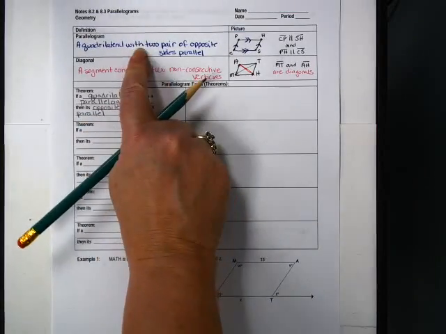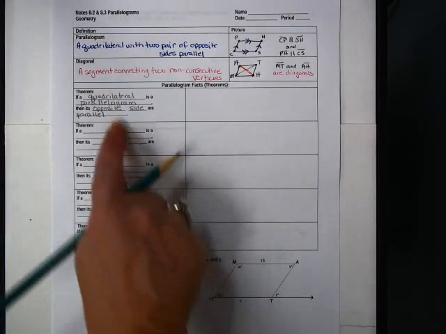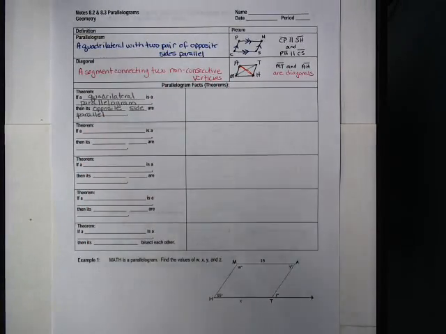That's basically restating the definition. But this one talks about two pair of opposite sides parallel. Here, it's just saying that if the sides are opposite, then those sides are parallel.